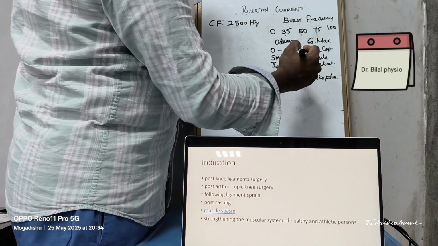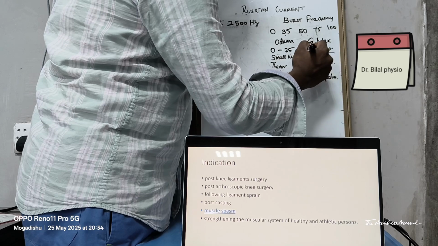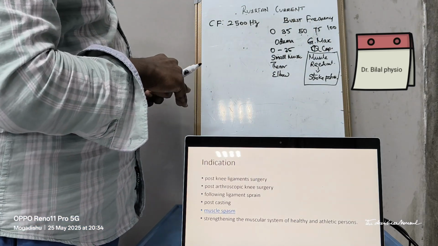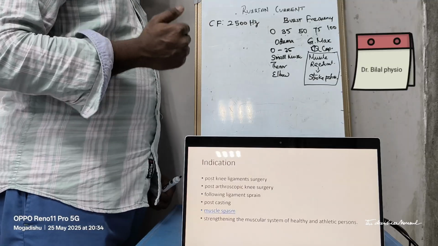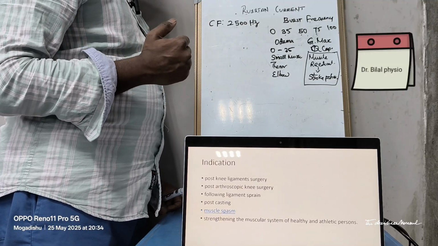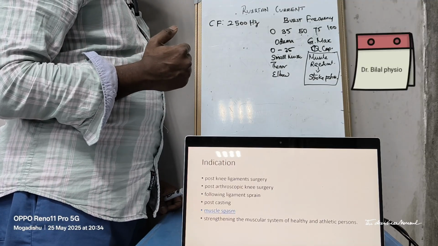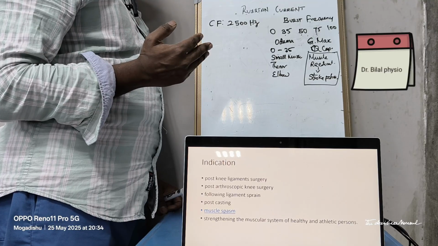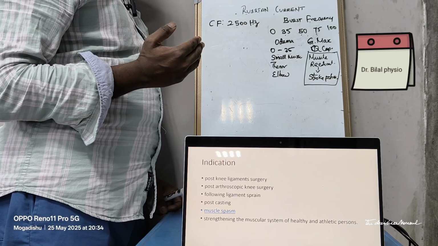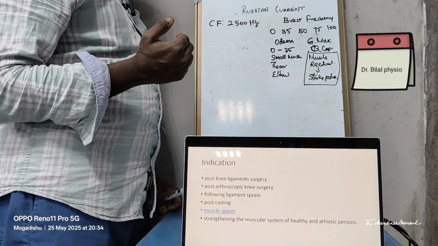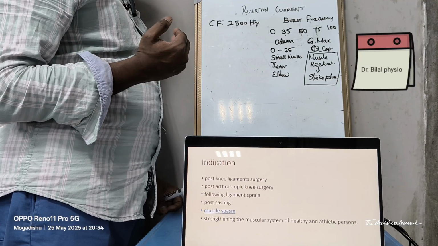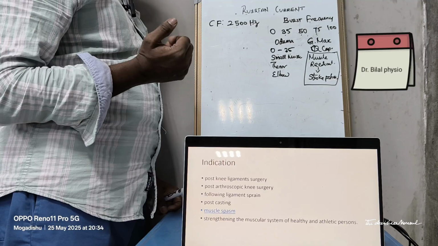So this outcome will vary depending on the condition I mentioned, and the time the patient reaches the department of physiotherapy for re-education, because in our department, or in our country, most patients come at a very late stage. So for those patients, we try to at least improve the gait pattern.